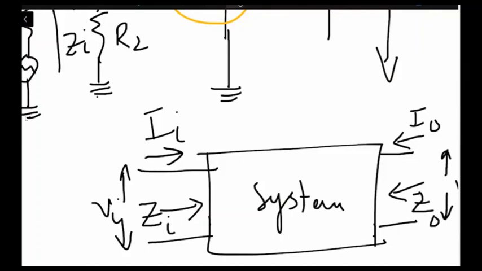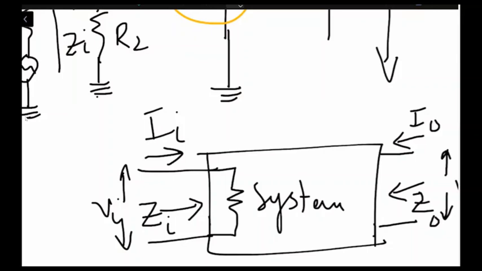The system has the input current flowing into it, as well as the input voltage between the two input ports. And when looking from outside into the system, it has the input impedance equal to Zi. Let's suppose when looking from here we check and the value is Zi.